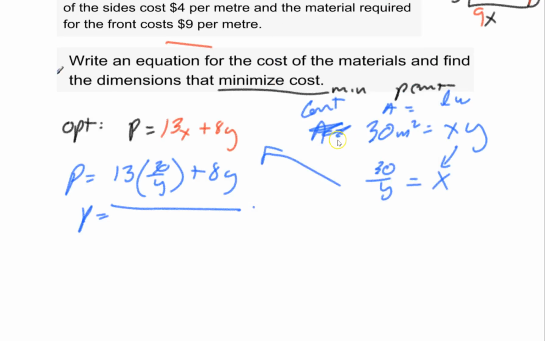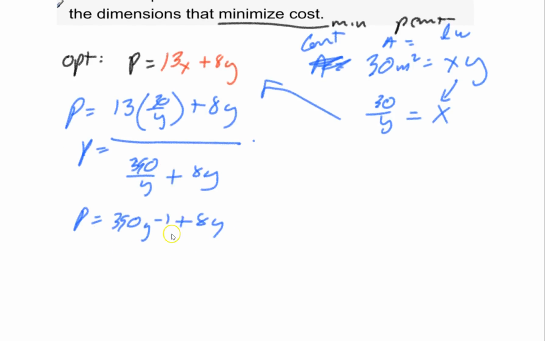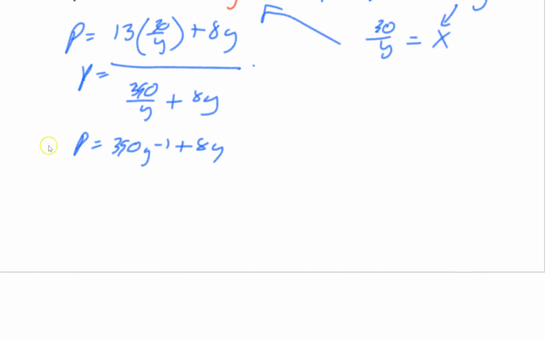The other way to do it is by doing mathematics. We'll just try that real quick. So let me rewrite this. This is 390y plus 8y. Again, I have to take derivatives. Let me rewrite that: 390y to the negative 1 plus 8y. We're going to take the derivative and set it equal to 0 because that's how you find the minimum.